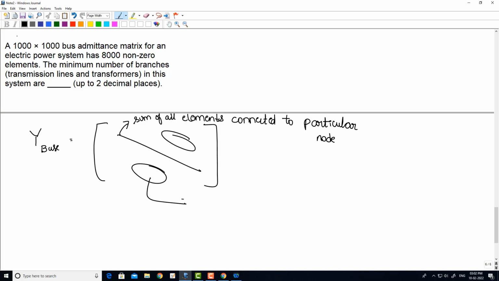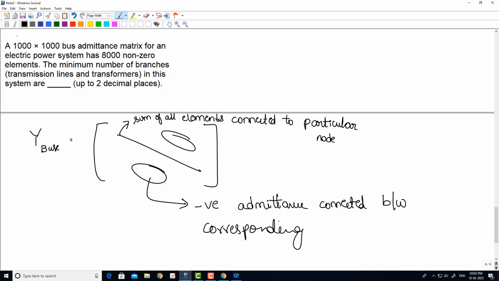And off diagonal elements can be written as the negative admittance connected between corresponding terminals. So, if there is no element between the particular buses, the element will be 0.